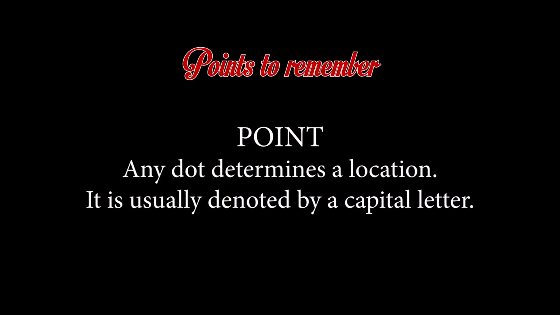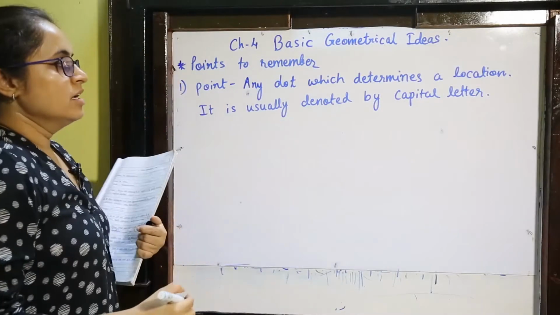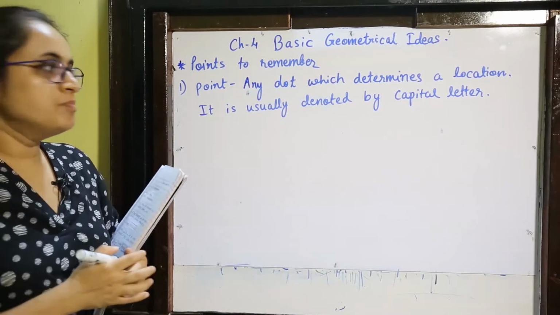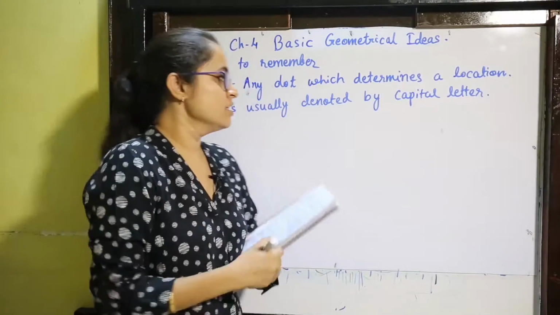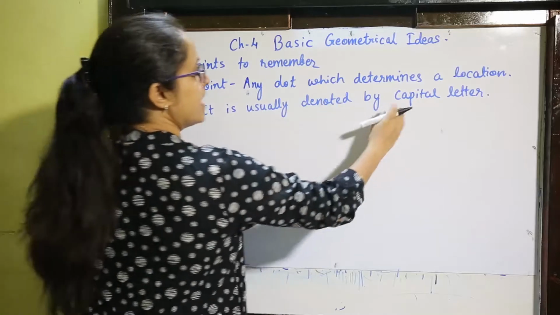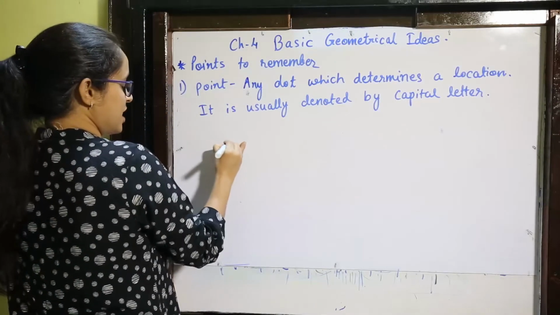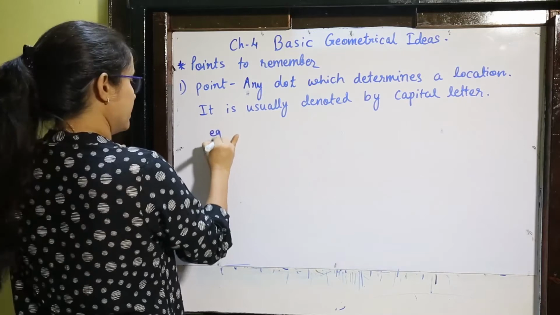Write like this: any dot which determines a location on the surface, and it is usually denoted by a capital letter.